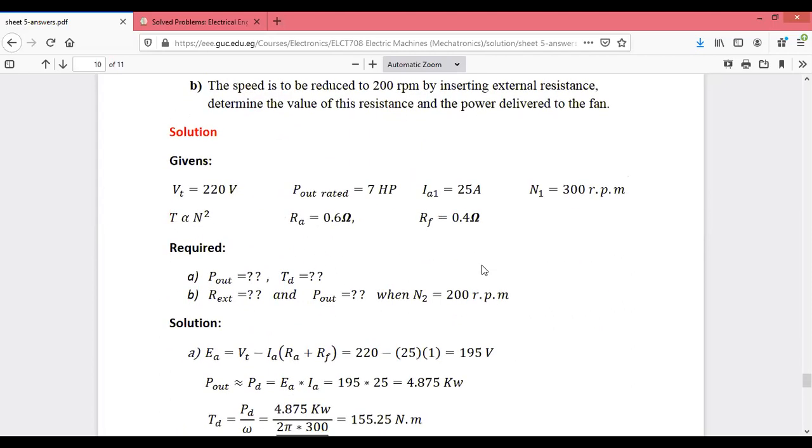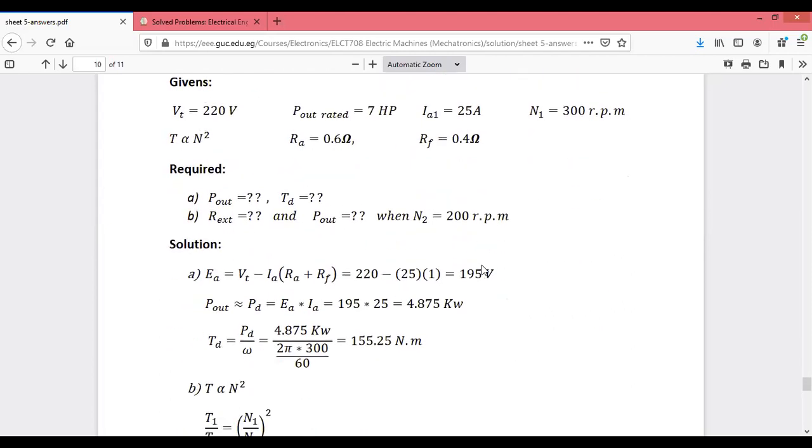The mechanical power PD equal to P out equals torque into angular velocity. But we do not have the value for speed yet. You can rearrange that equation for the torque: P equal to torque into speed, so torque equals P upon angular speed. We do not have the angular speed value yet, but we can find it.